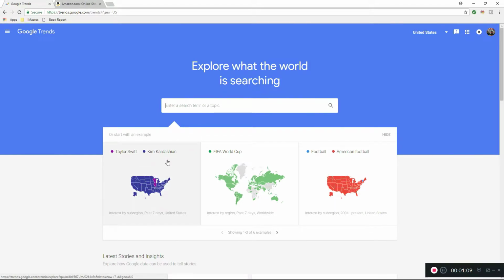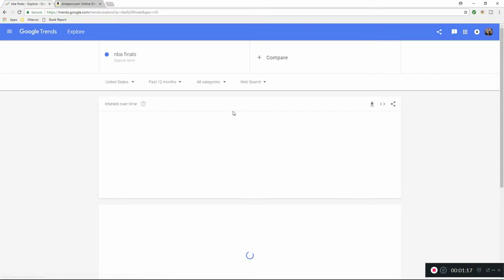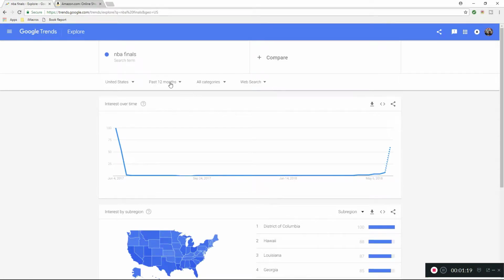its popularity over time. So to give you a quick example, we can type in NBA Finals and track the popularity of the keyword over the past 12 months. And as you can see here, back when the NBA Finals occurred last year around June, which is the time I am filming now, June 2018, the NBA Finals was at an all-time high in popularity.